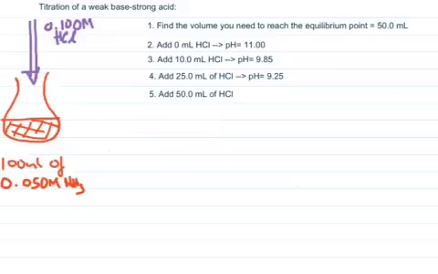From previous, we know that the weak acid's Ka dissociation is equal to 5.6 times 10 to the minus 10 that we found in problem 3. Now we're going to try to find the molarity we have of ammonium.